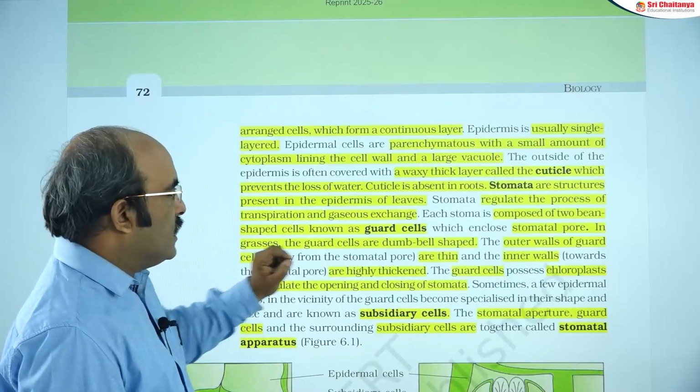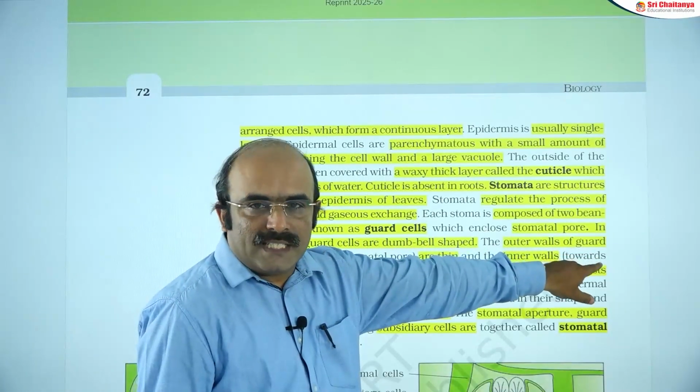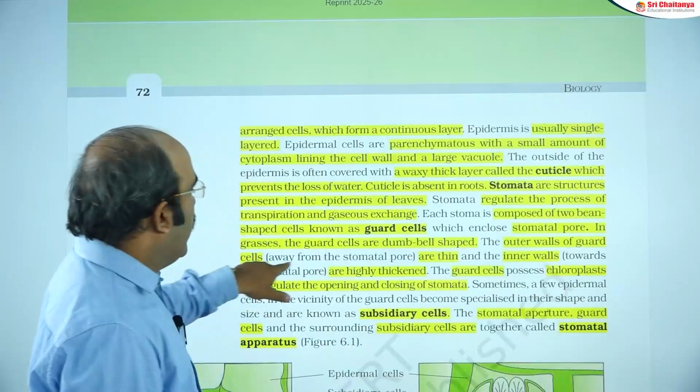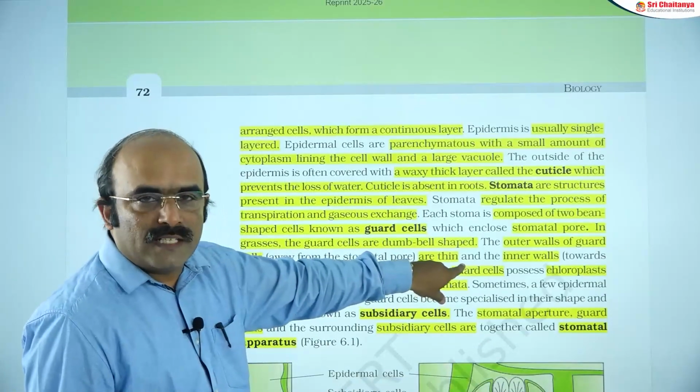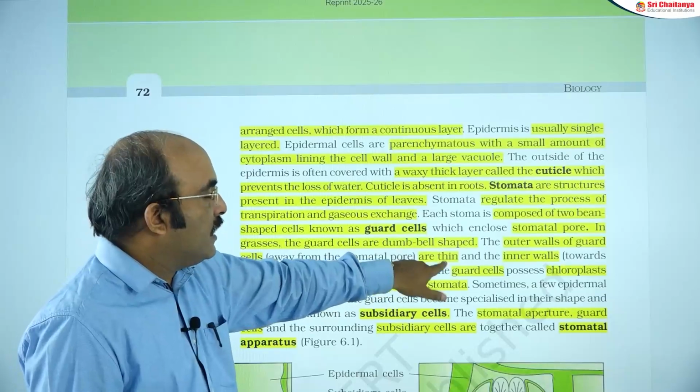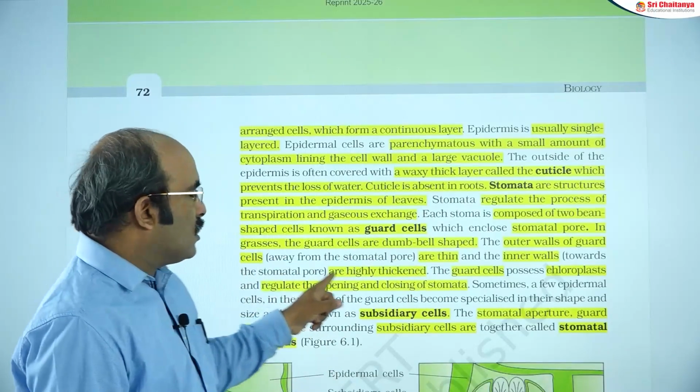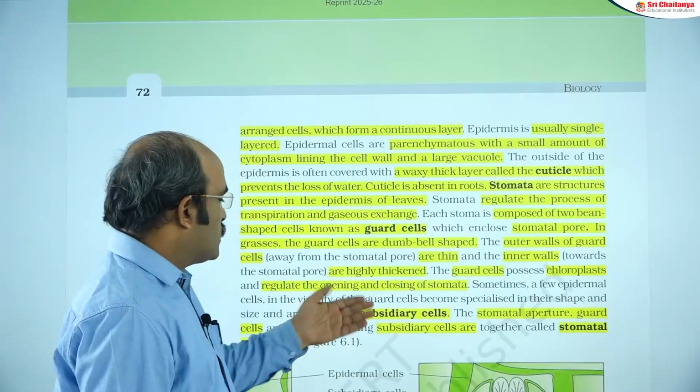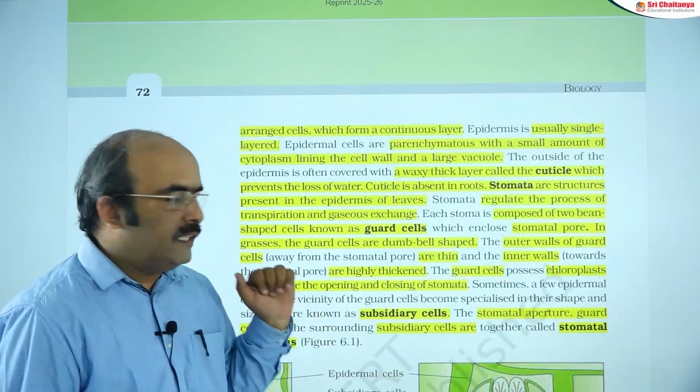And the other one is that the outer wall of the guard cells, which is away from the stomatal pore, is thin, whereas the inner walls of the guard cells, which are towards the stomatal pore, are highly thickened.